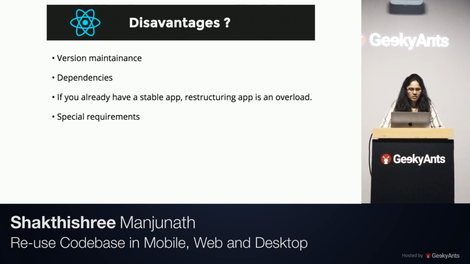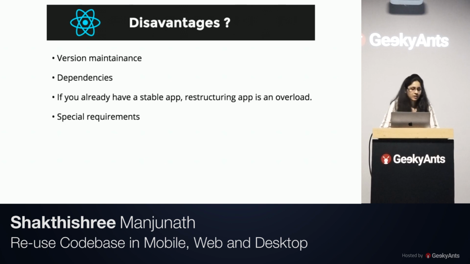Version maintenance: say you have the same architecture, with the shared folder, mobile, web and desktop, and whenever you are updating your React Native version, you have to make sure that the dependencies present in the shared application are compatible with it. If you are making any changes to the shared module, you'll have to make sure that it's running fine on all 3 platforms. So version maintenance could be an overhead, right?